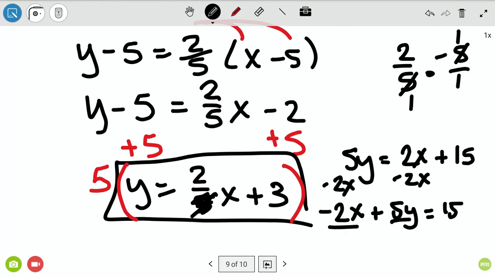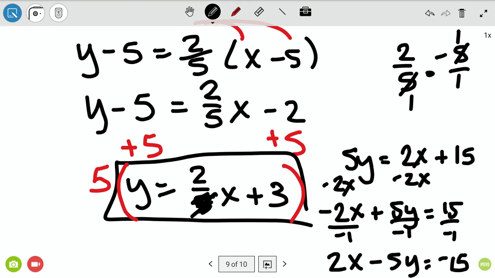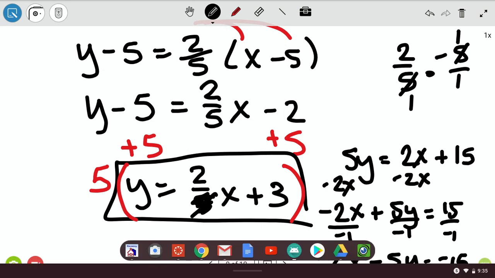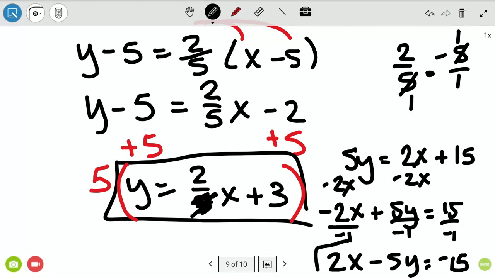Divide off that negative like we know we need to do, and we get positive 2x minus 5y equals negative 15. So again, this is standard.